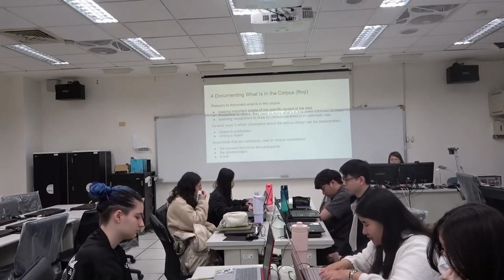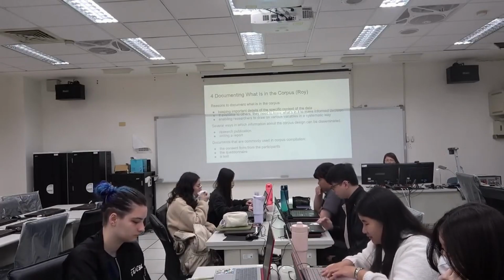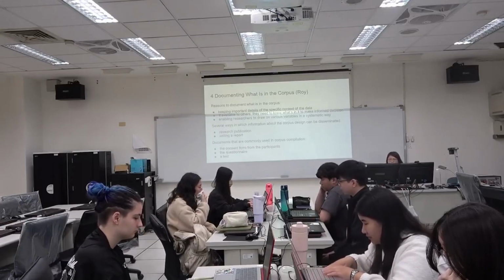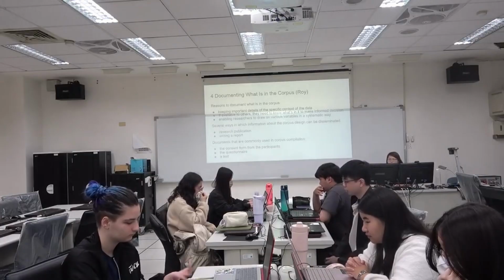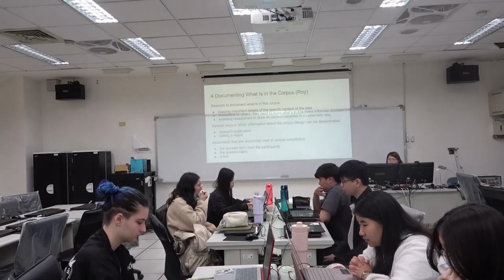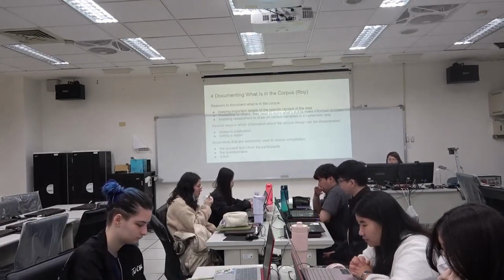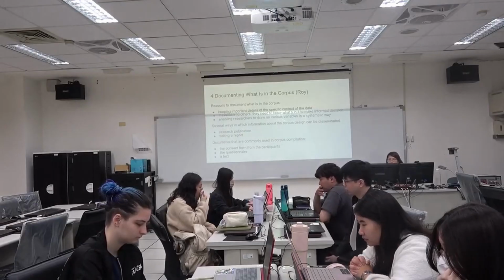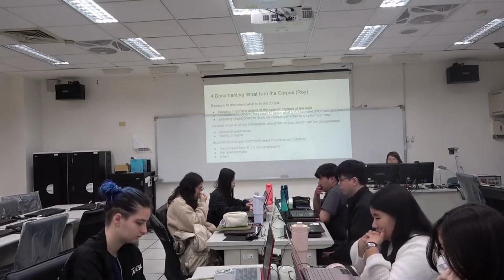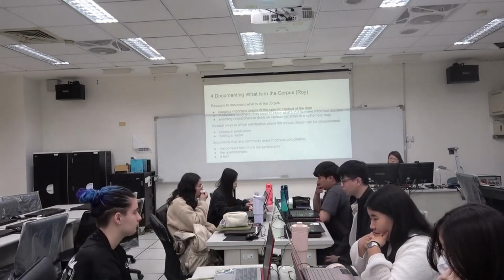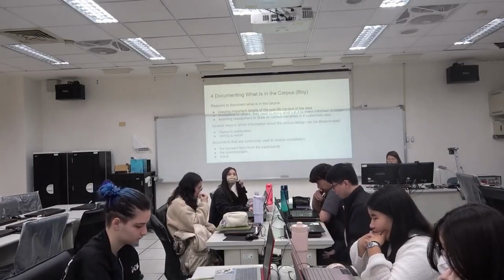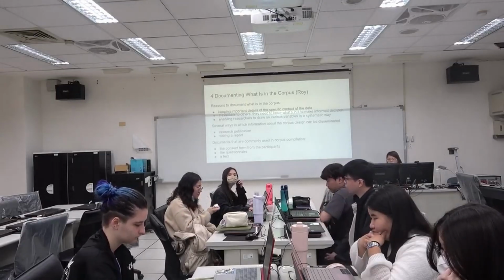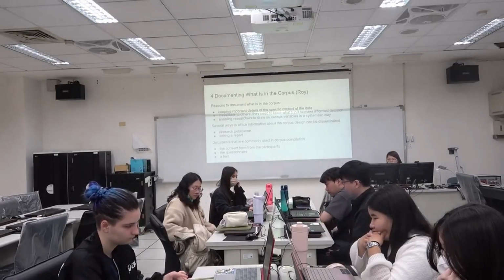And second, if the corpus is made available to others, they need to know what's in it in order to make an informed decision about whether the design of the corpus is appropriate for answering their specific research question. And third is to enable researchers to draw on various variables in a systematic way when analyzing data from the corpus.